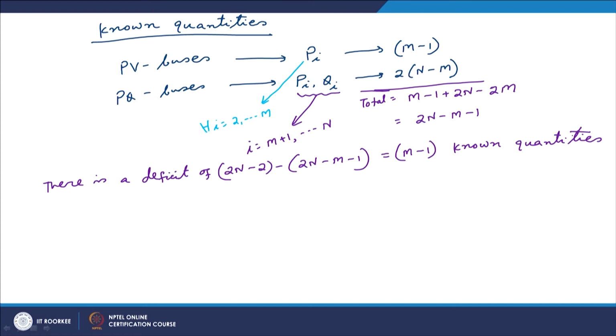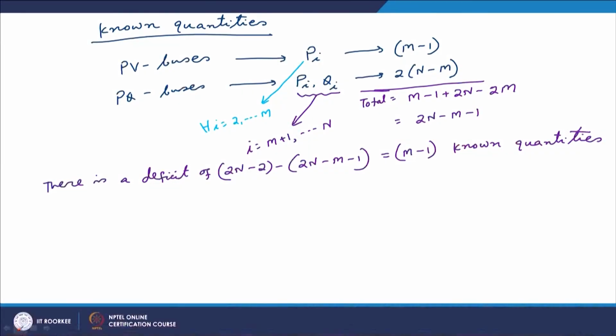These m minus 1 equations will come from the fact that at each of these PV buses we do know the bus voltage magnitudes. So, at each and every PV bus we know Vi square is equal to Ei square plus Fi square.